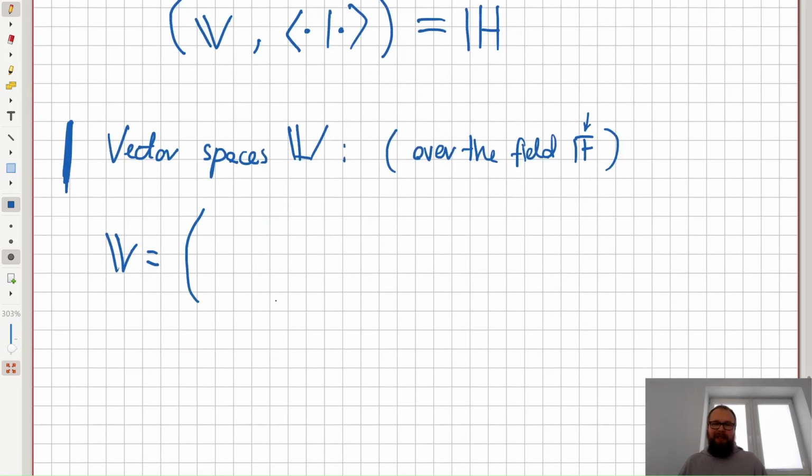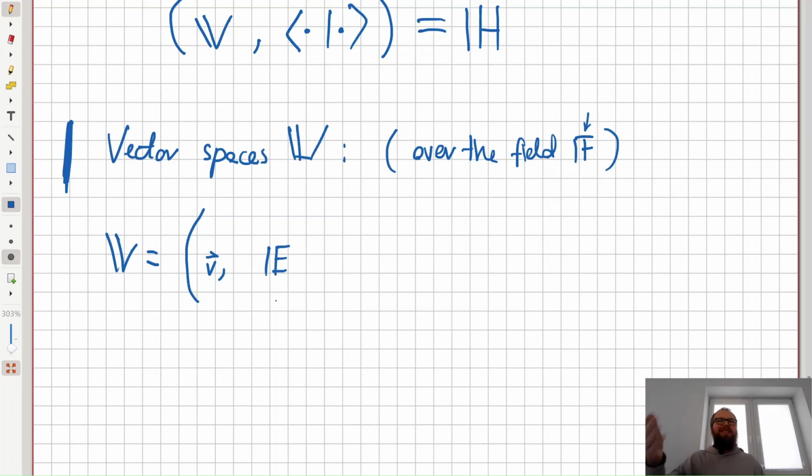So one, there is some set of elements, and it will contain all the vectors. So let me pick a familiar notation. To make sure that we don't confuse them with numbers, I will use arrows here. Okay. Kets are specialized for a reason for quantum mechanics.